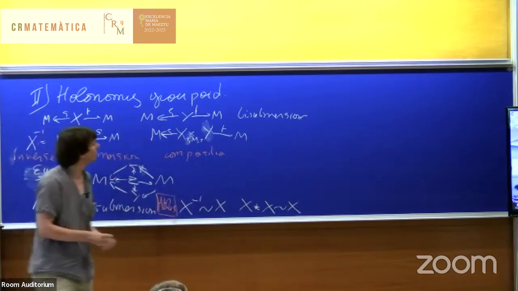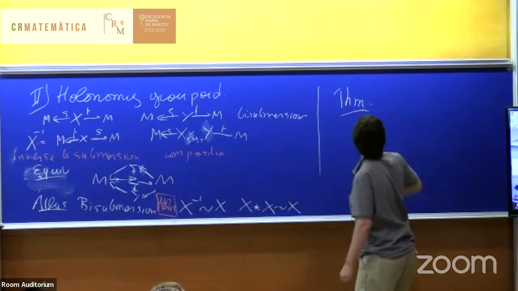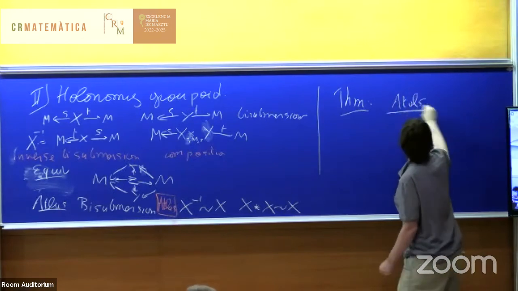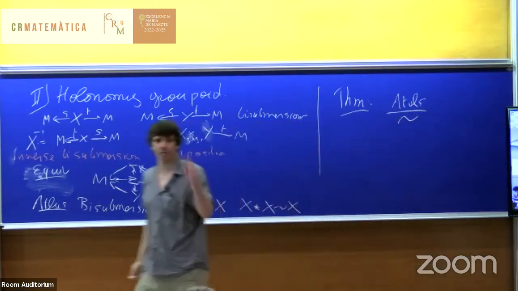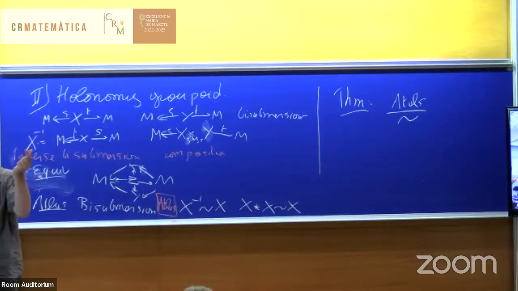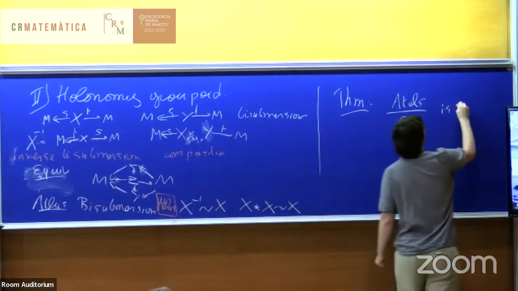Okay. And theorem, I have an atlas and I divide by an equivalence relation, which is: identify two points if they have a neighborhood where they are equivalent as bisubmersions. This is a groupoid.